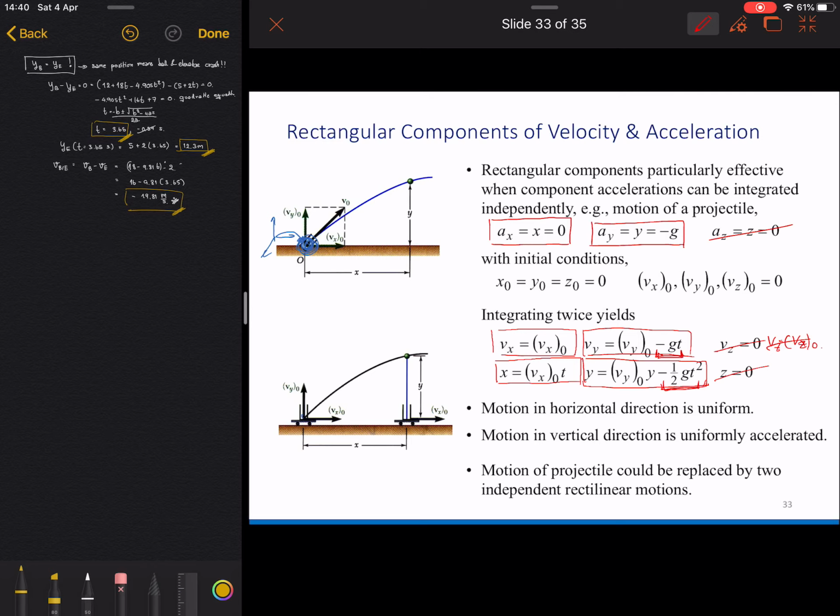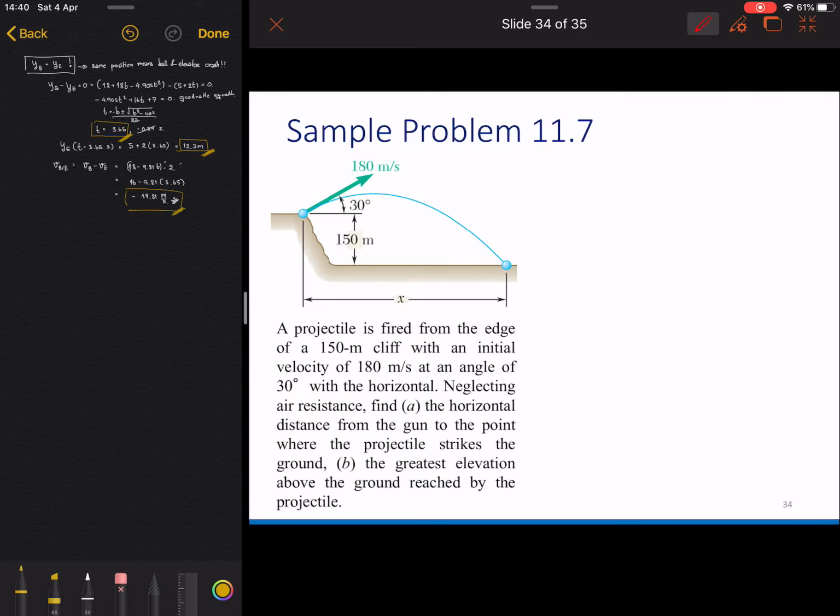All right, then next is the sample problem. I will let you read it through for 2 minutes and then I will start, or you can pause the video if you need more time.